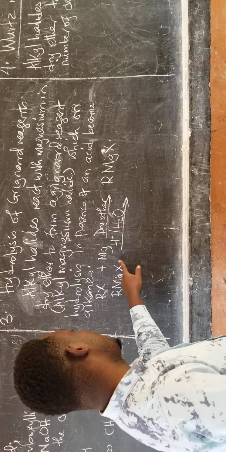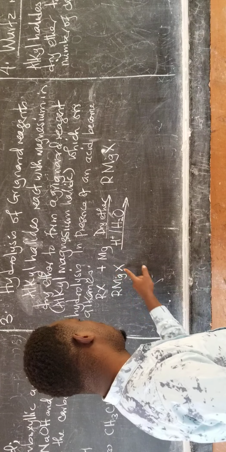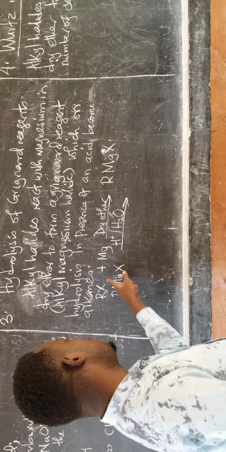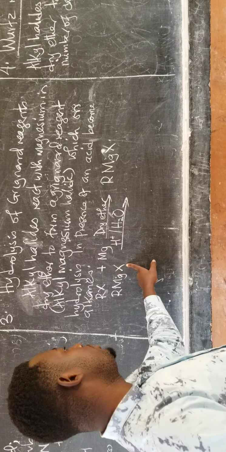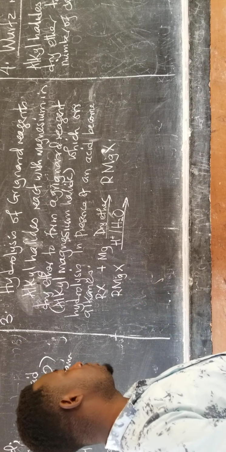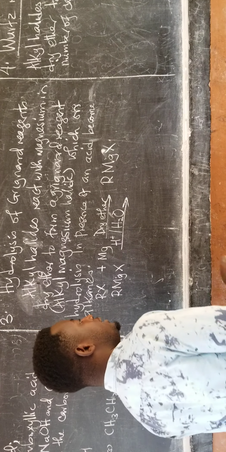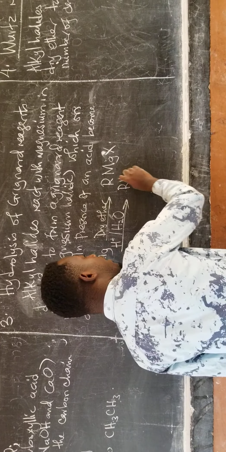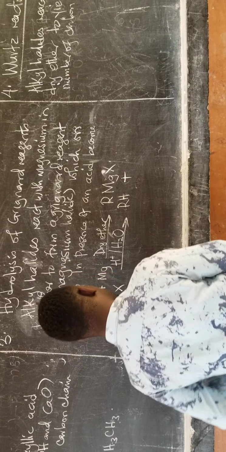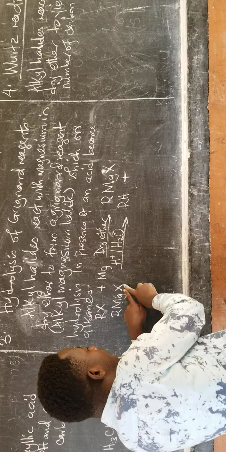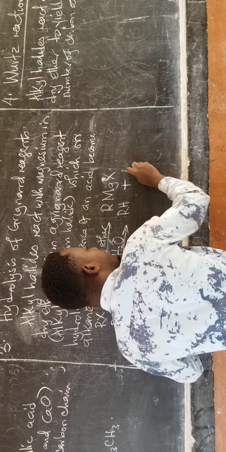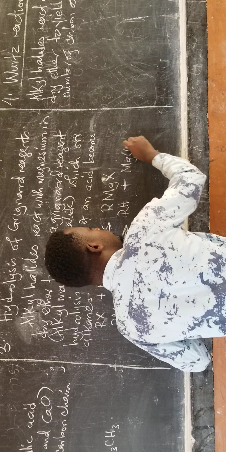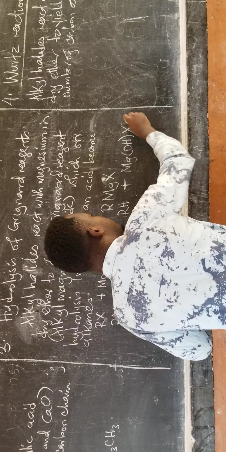In that case, the magnesium halide is going to be eliminated and is going to be replaced by a hydrogen. And in that case, we shall form RH. And then this magnesium and the halide shall take the OH from water, and we shall form MgOH.